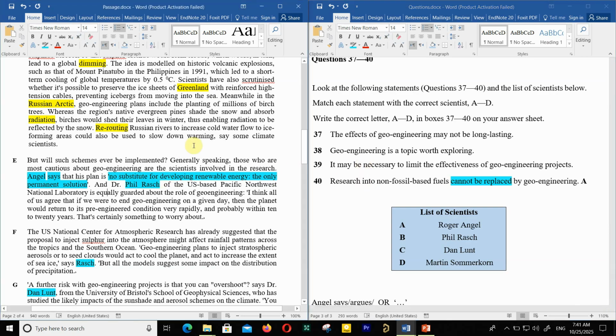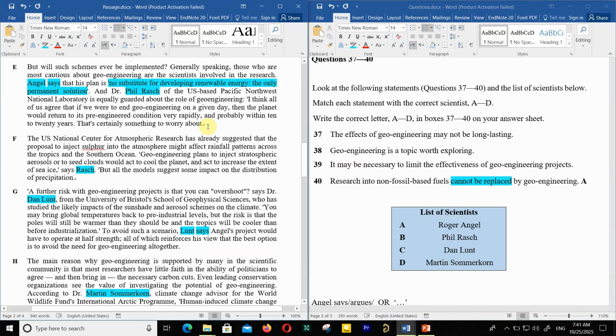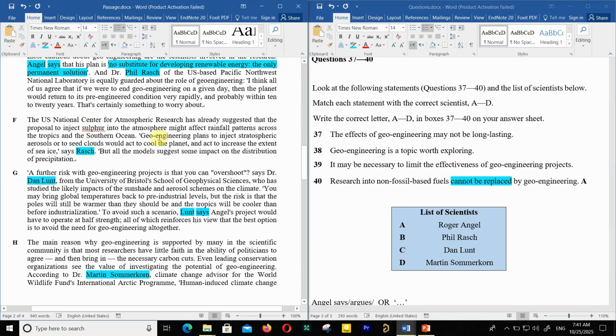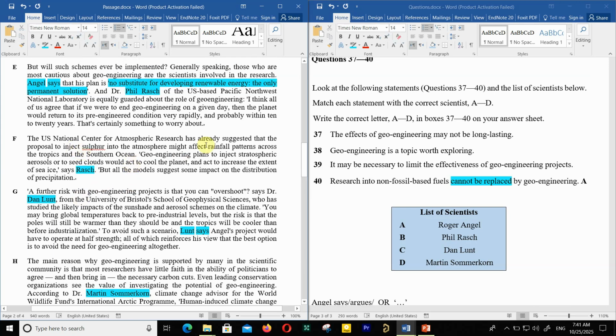So, look into another one. Rush. Rush here, it says this sentence, and after that, rush. We have two statements for rush. Geoengineering plans to inject stratospheric aerosols or to seed clouds would act to cool the planet and act to increase the extent of sea ice.